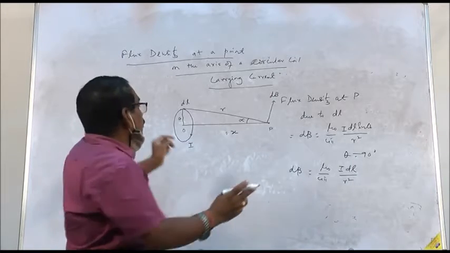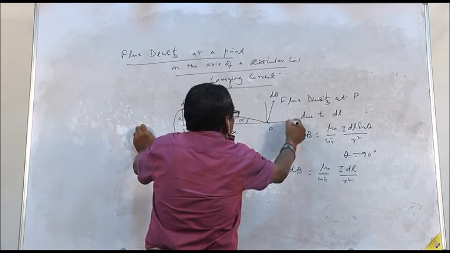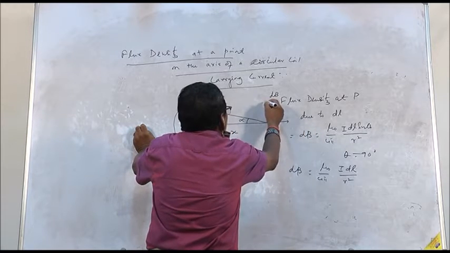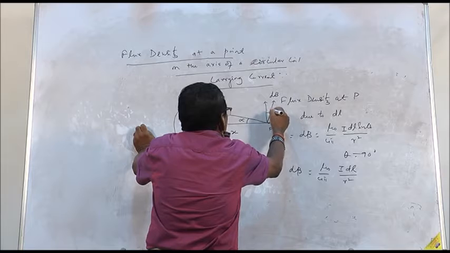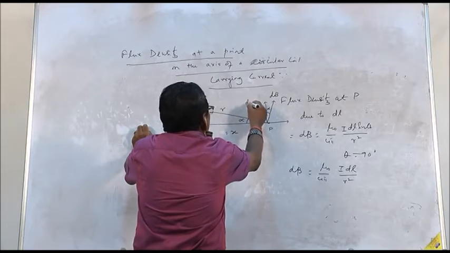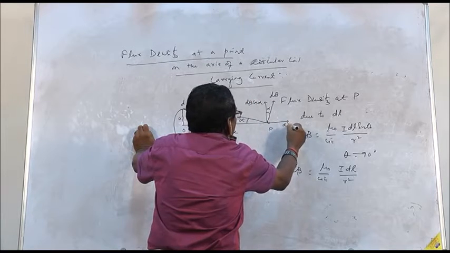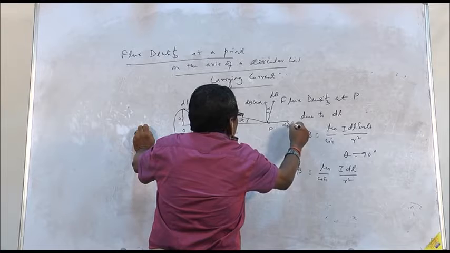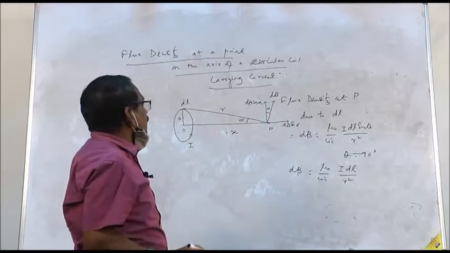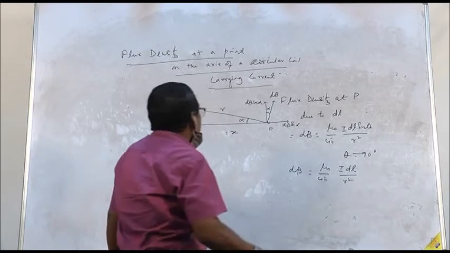Now, resolve dB into two components. One component along this, another component along this, and the angle will be alpha. So, this will be dB cos alpha, and this will be dB sin alpha. So, dB is resolved into two components.